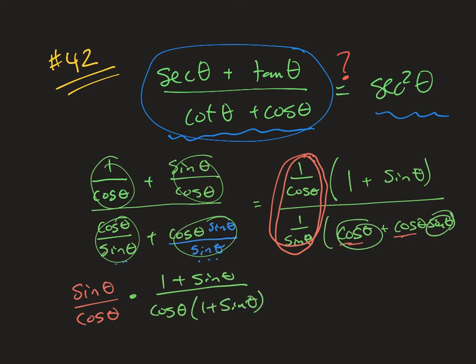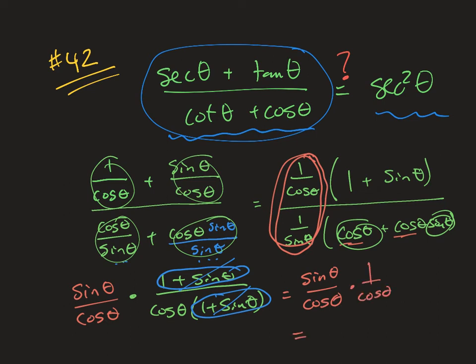And so now you see that I have a 1 plus sine theta binomial here and a 1 plus sine theta binomial here. Those two bad boys will cancel. And I'm left with sine theta over cosine theta times a 1 over cosine theta.